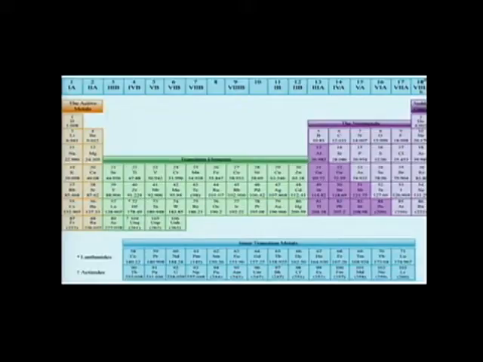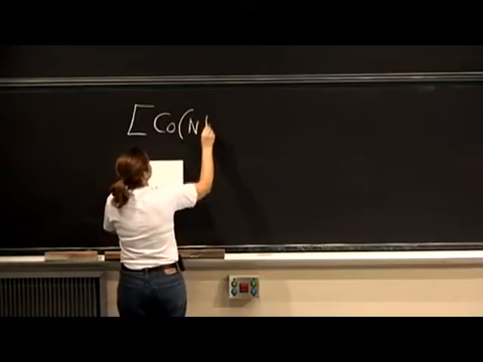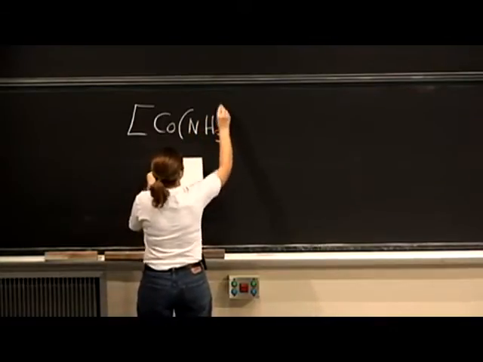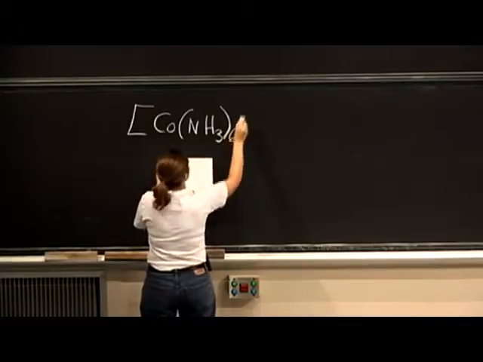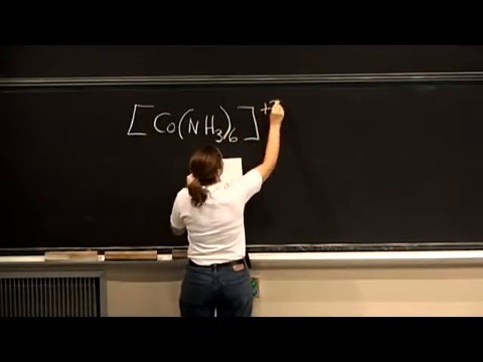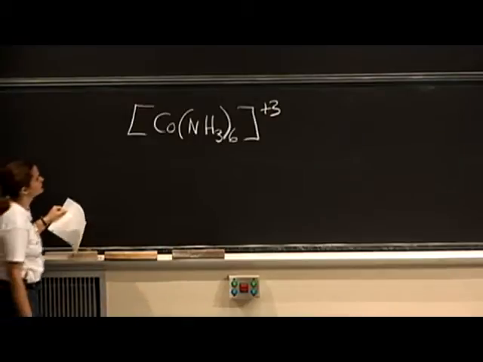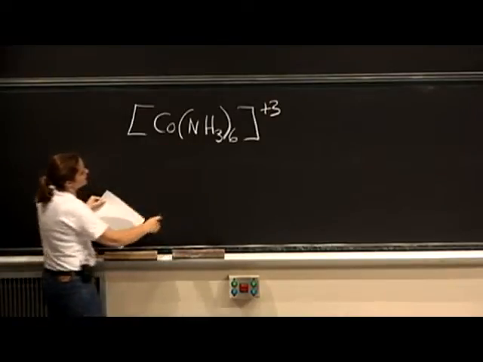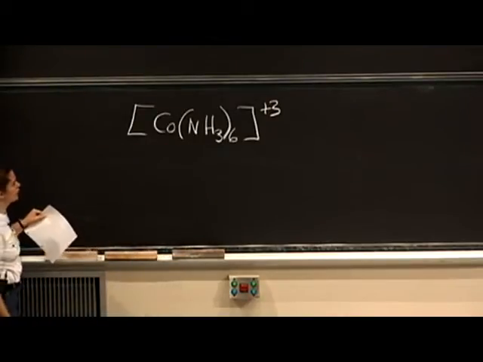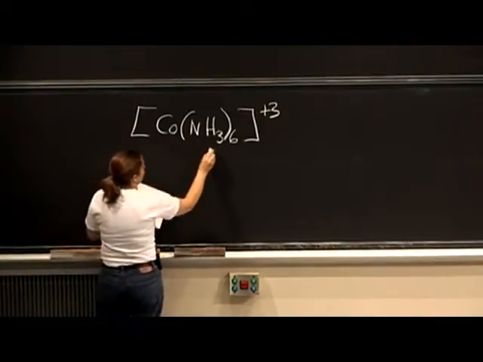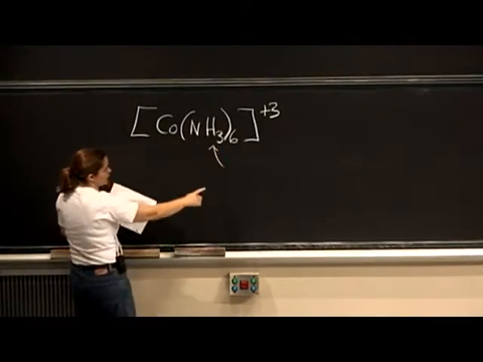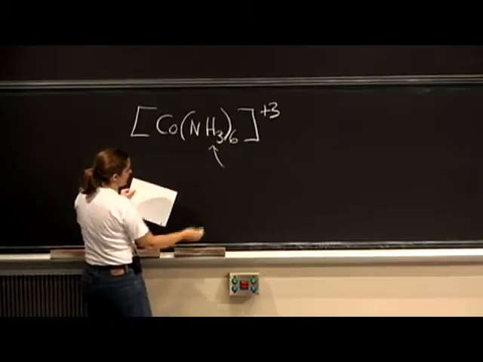So let's look at the complex that we saw at the beginning of today's lecture, where we had cobalt with 6 NH3 ligands in a coordination complex that had a charge of +3. Here we need to figure out the oxidation number of the cobalt. For this particular group, the overall charge is 0.